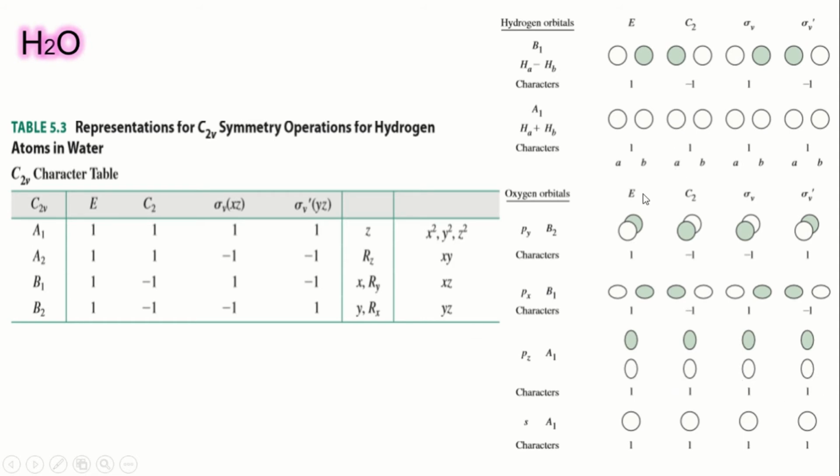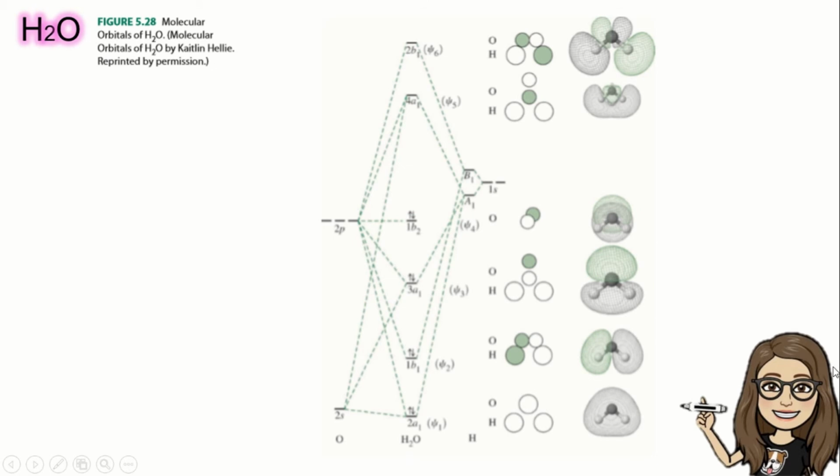So the hydrogen B1 orbital would combine with the px here to form 2 molecular orbitals, one bonding and one antibonding, namely the energy level 2 and energy level 6. As we can see, looking at these also helps to determine why.